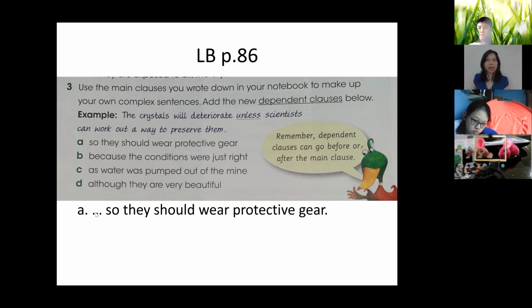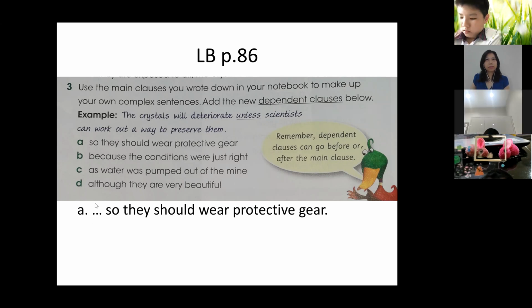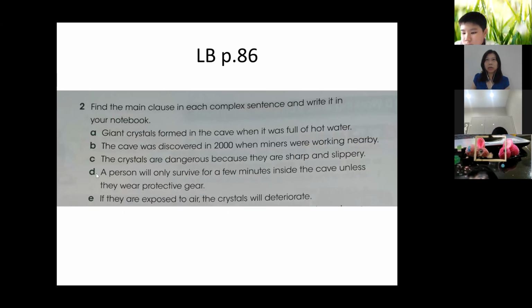Okay, so for example, A: so they should wear protective gear. What main clause would you put here? The crystals are dangerous. Ooh, the crystals are dangerous, so they should wear protective gear. Are you sure? Can you see it here? A person will only survive a few minutes inside the cave.